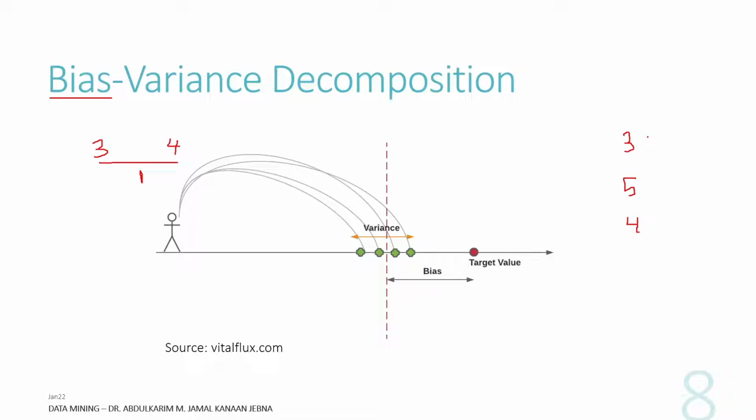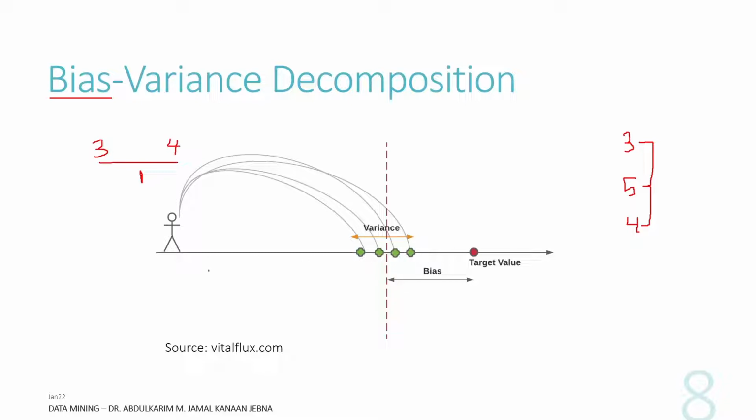They are all about the predicted value, your answer. These figures are all your answers to 2 by 2. So variance measures how different these results are from one another. So this is variance, and that is bias.